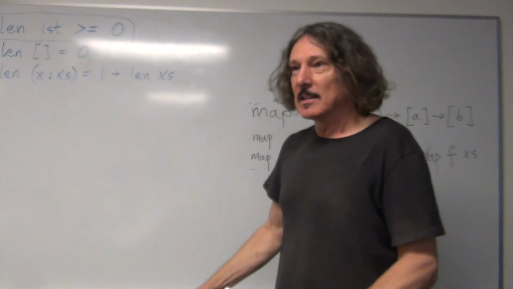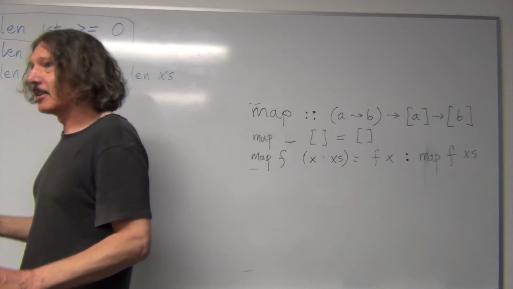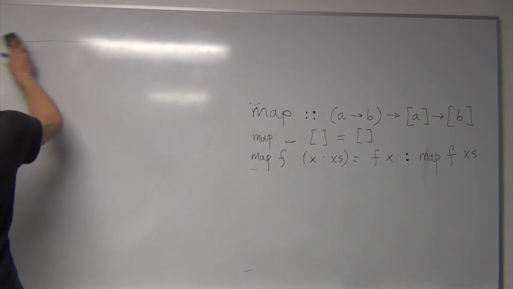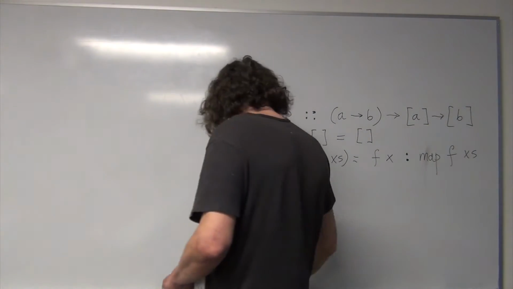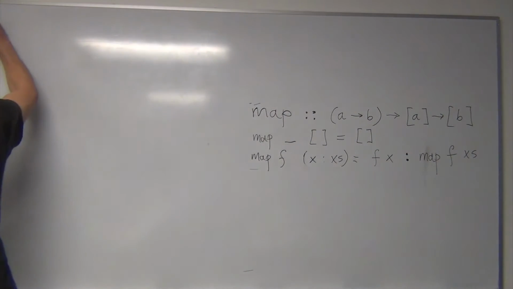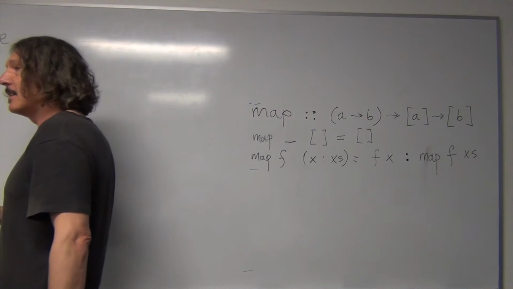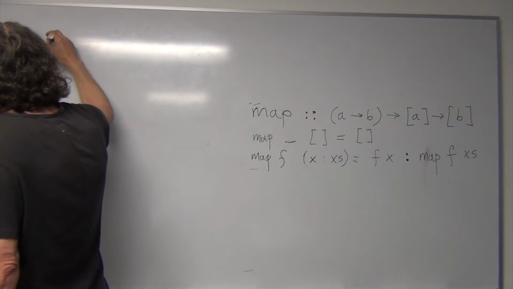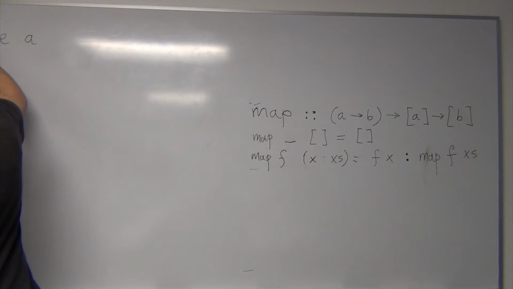Okay, now let's do another recursive data structure to show you that there is actually more than a list in this world. So let's define a recursive data structure that is called a tree. Tree that contains elements of type A. Okay, tree of A. So I'll say data, right?